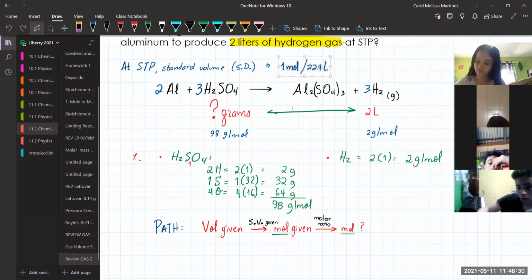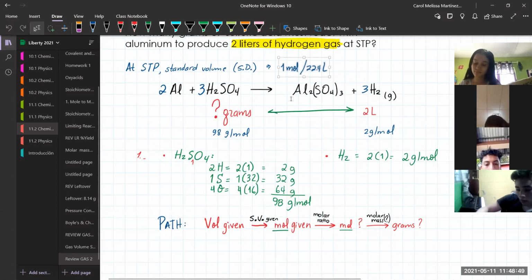And then from moles unknown to grams unknown, we use the molar mass of my unknown. That's the path I built to actually work with my problem.